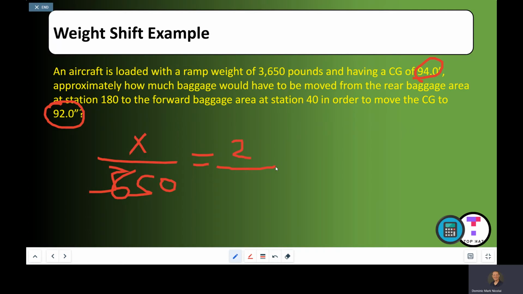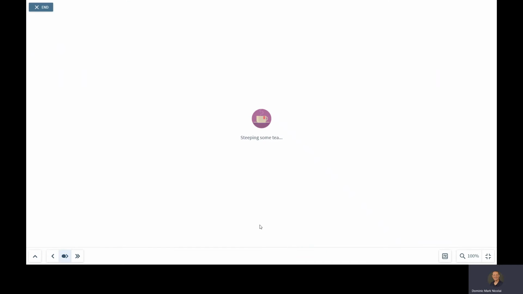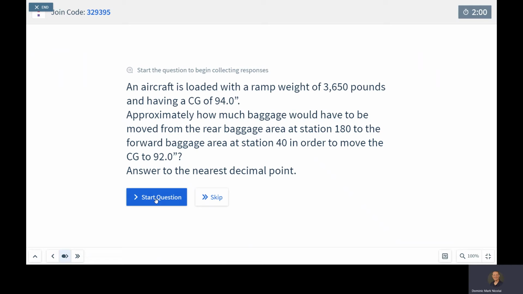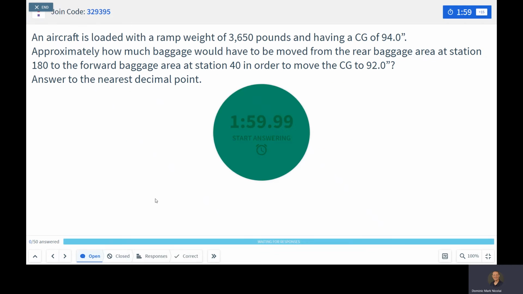That's a 2-inch change. And we're moving it from station 180 to station 40. That's a difference of 140. So there's your setup right there. And that's going to be our top hat question here. So go ahead and get started on that.